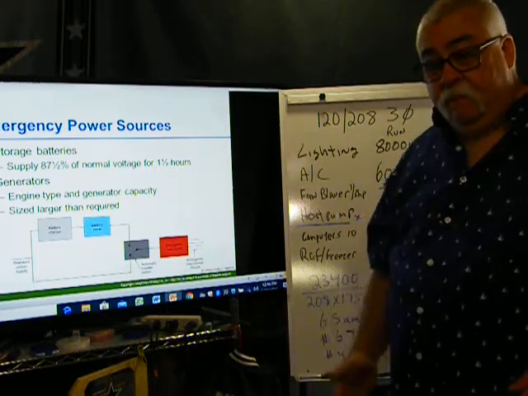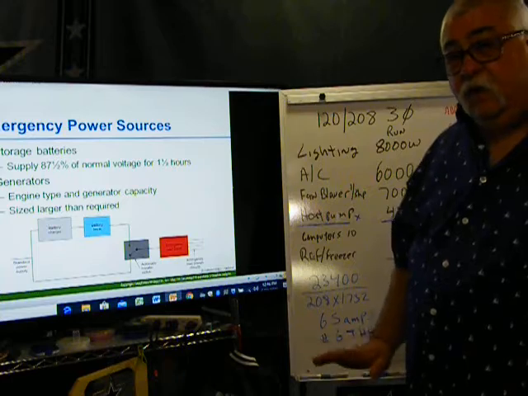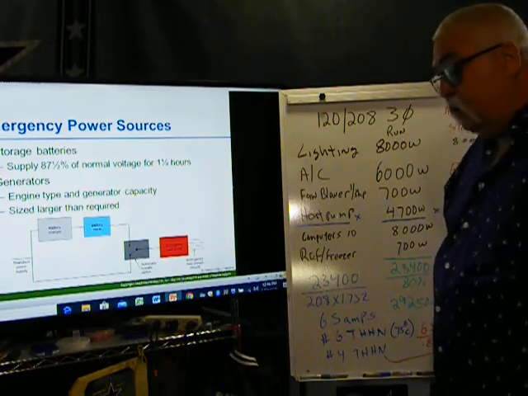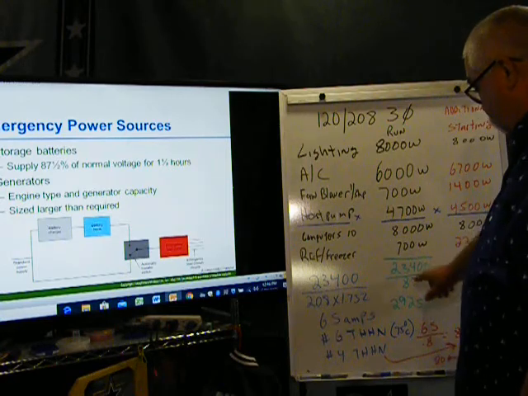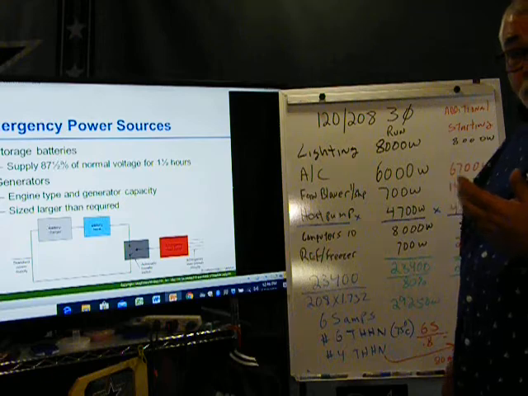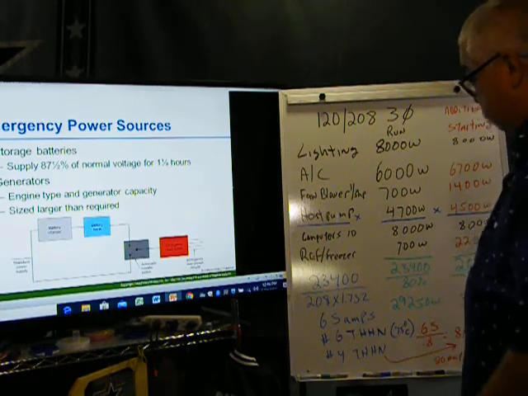So again, for this, I can use a 25 very comfortably. I can use a 25 kW generator. Why? I'm going to use 23,000 watts and the generator's producing 25. I'm fine. And I'll show you that in a bit.